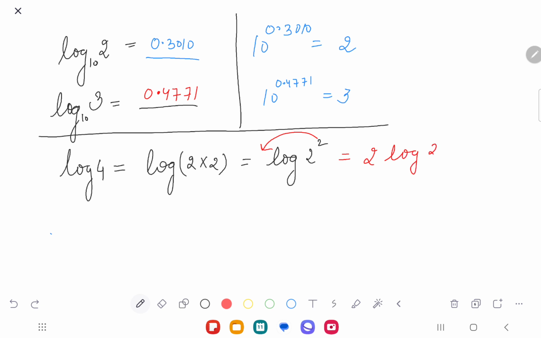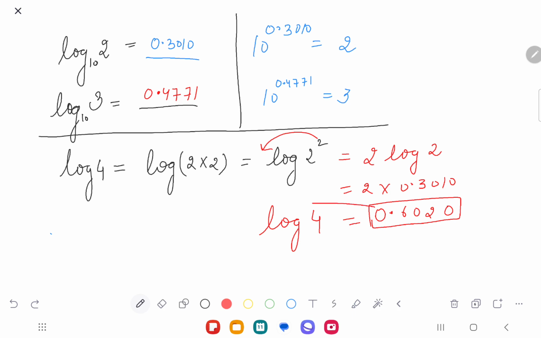Are you understanding how to use the property to find the log of the bigger numbers? So 2 times log 2 is 2 times 0.3010. If we multiply up till 4 decimal places, we get 0.6020. That is going to be my value of log 4. Understood or not? Yes. So this is log 4.